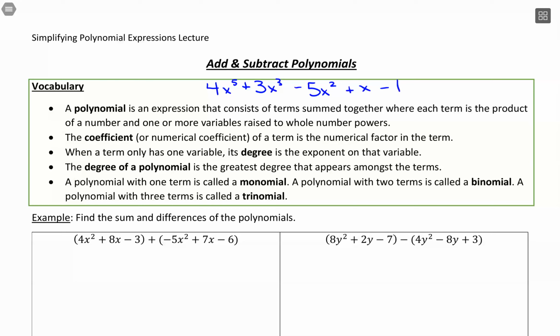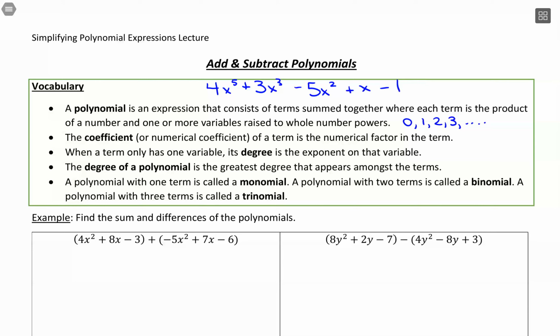So for our whole number powers, think of 0, 1, 2, 3, on and on and on. So we can see an exponent of 5, exponent of 3, 2, 1. Technically at the end here, there's an x raised to the power of 0, but that would just turn it into a 1, so it's kind of redundant to write that out.